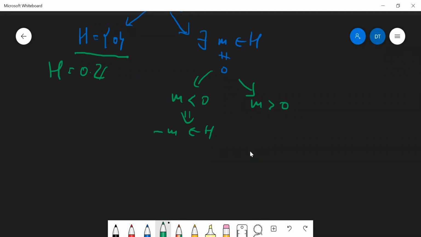So in this case, we may assume that H intersect N plus is a non-empty set. So H contains a positive integer.